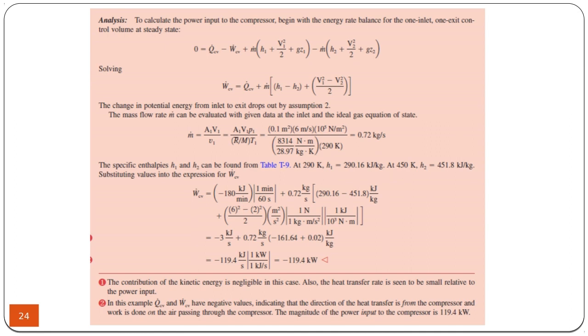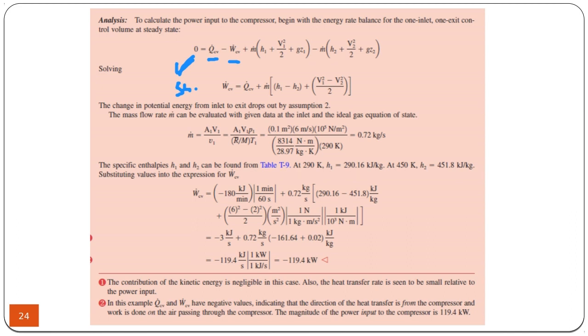So we always start with the general equation of conservation of energy. Because it's steady state, the left hand side is 0. The compressor is not perfectly insulated, so there is heat interaction with the surroundings. We have to provide work to the shaft of the compressor, otherwise it won't work.